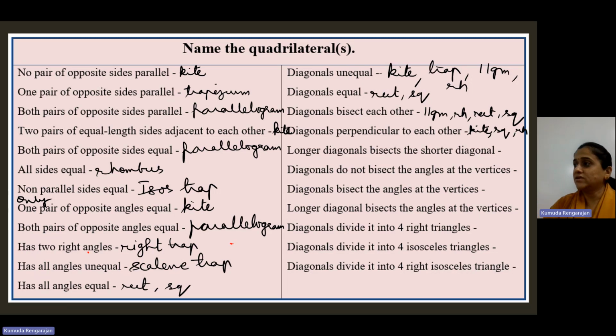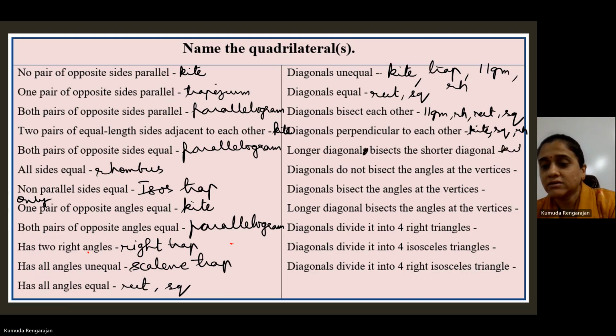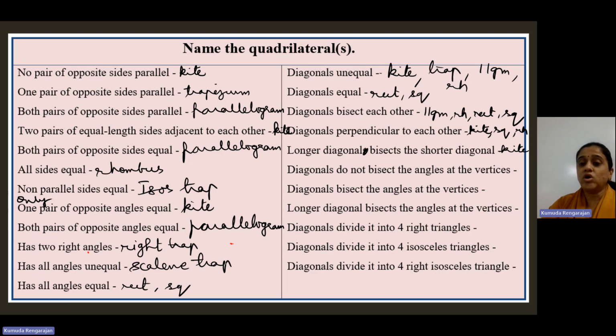Kite, square, rhombus. In a kite, the diagonals are perpendicular to each other. In a rhombus and in a square, the diagonals are perpendicular to each other. Longer diagonal bisects shorter diagonal: kite. Diagonals do not bisect the angles at the vertices.